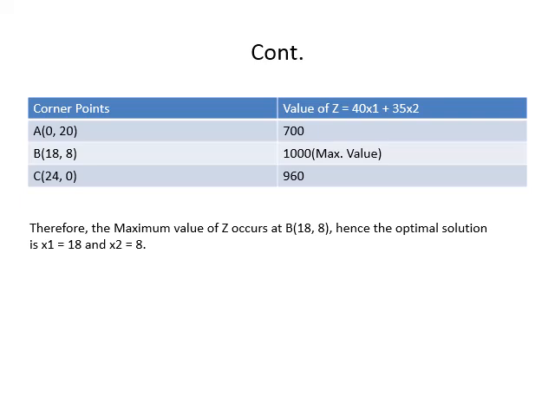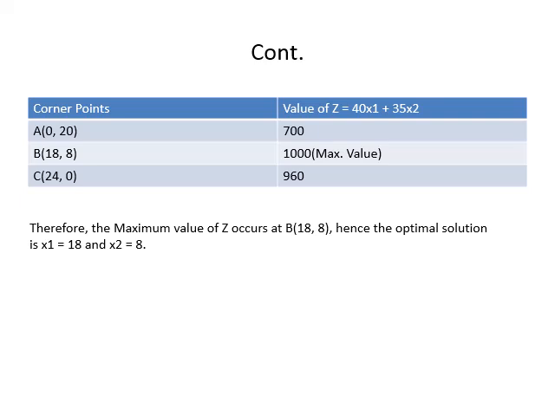So we converted the previous corner points into this table. There are 3 corner points: A where x1 equals 0, x2 equal 20.